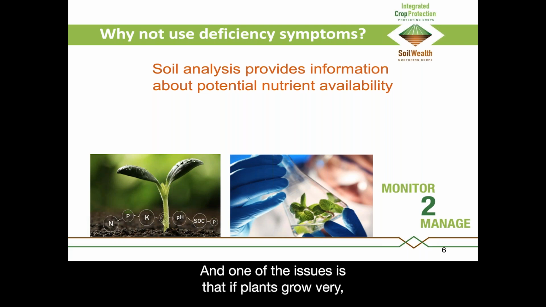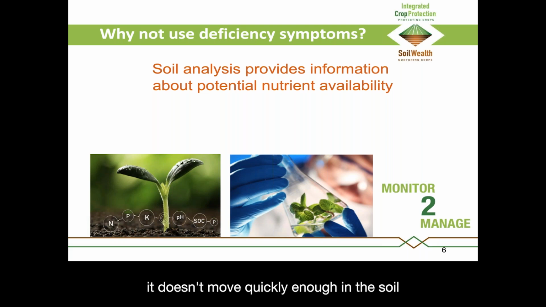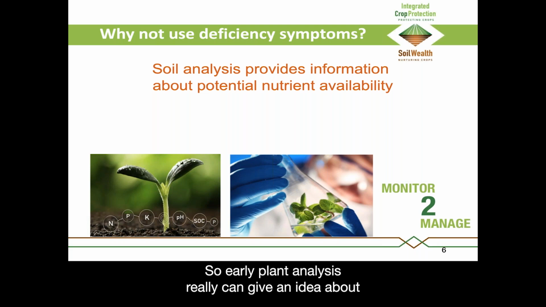One of the issues is that if plants grow very rapidly, it can happen in potatoes, in cotton, in poppies, there are some rapid growth phases, and even though there's enough potassium there, it doesn't move quickly enough in the soil to support the plant. So an early plant analysis really can give an idea about whether the plant is going to run out of potassium before it actually is very visible.